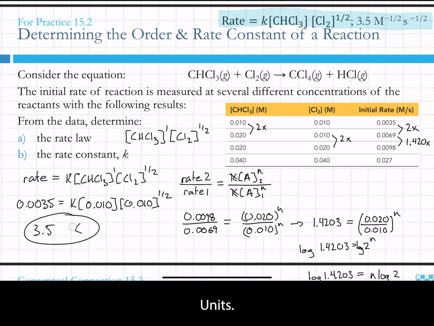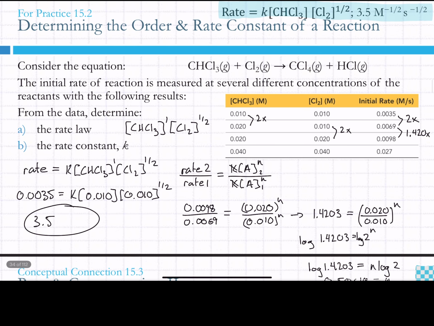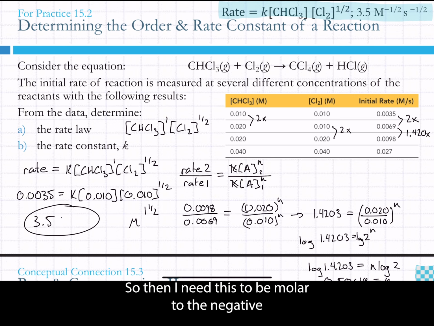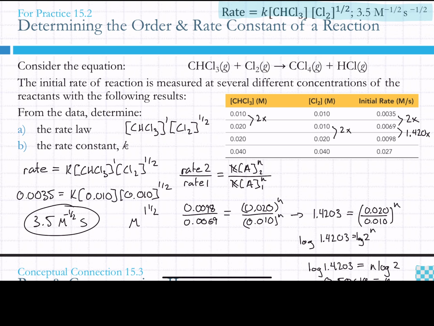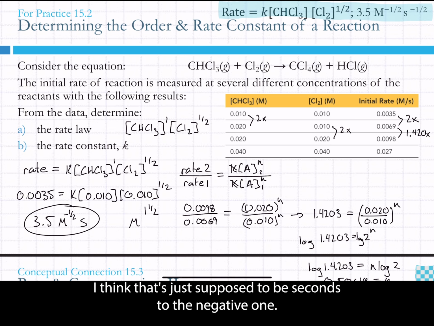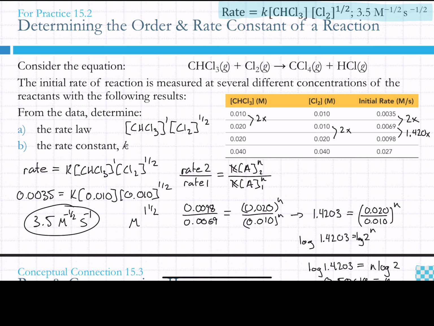Oh yeah, units. If our overall order is 1.5, then that's molar to the 1.5. So then I need this to be molar to the negative 1/2. I think that's just supposed to be seconds to the negative 1, and not seconds to the negative 1/2.